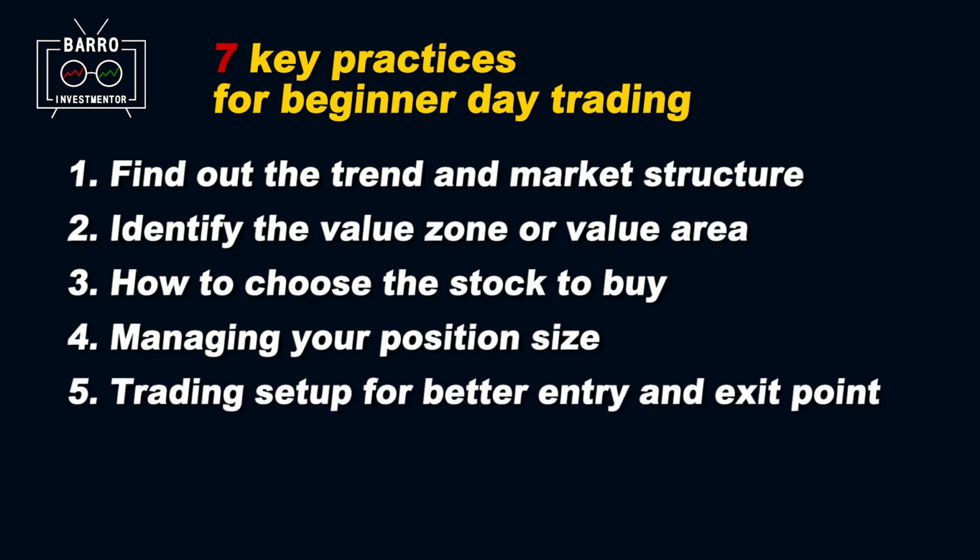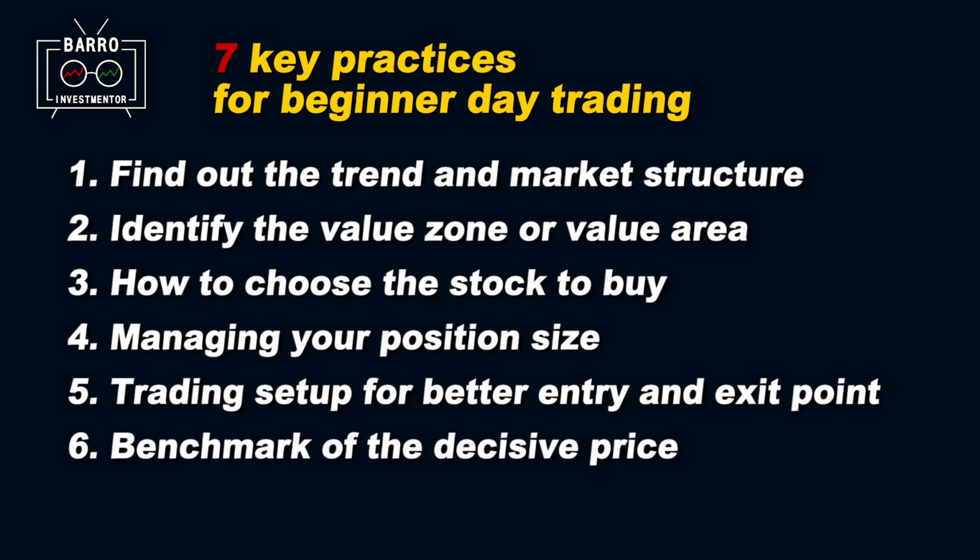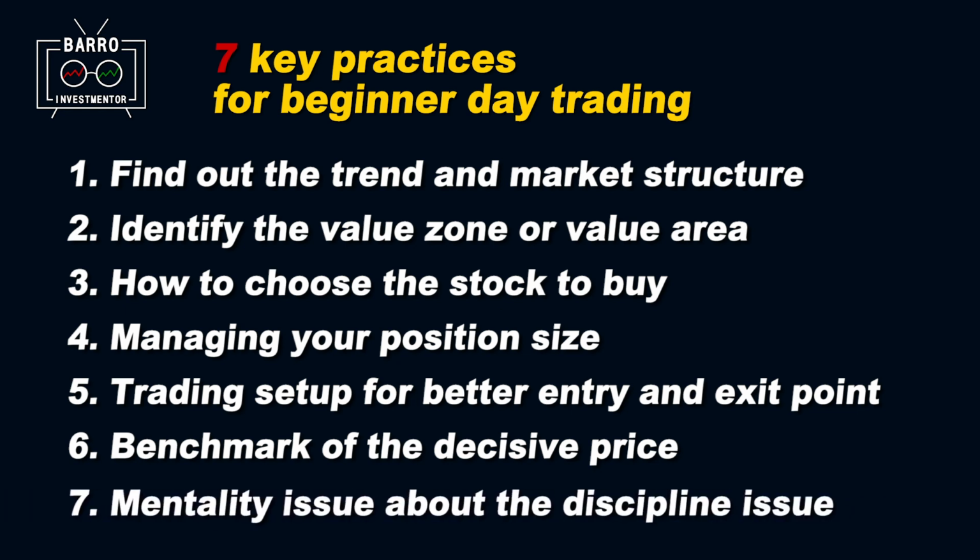The fifth is about the trading setup beforehand for your entry and exit points before every trade. The sixth is we always use the closing price or last price to decide our strategy. And the seventh, the last but not the least, we have to always discipline ourselves for greed and fear and have strong mental strength to beat the market.